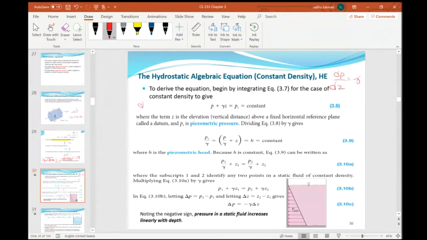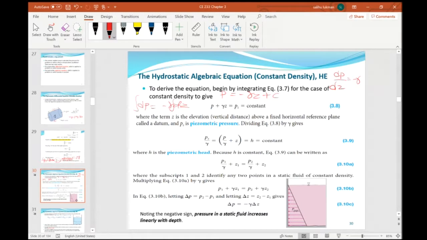So here we'll have dP equal minus gamma dZ. For constant density, gamma will go out because it is constant. For integration, this becomes P equal minus gamma Z plus constant C.